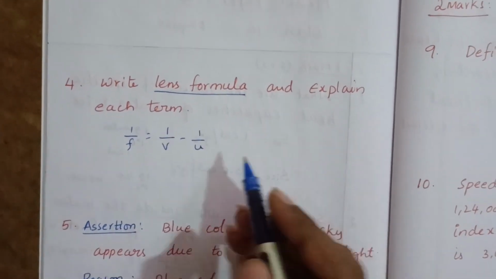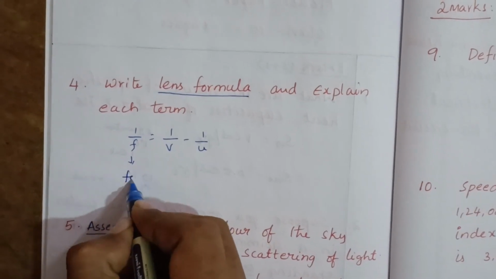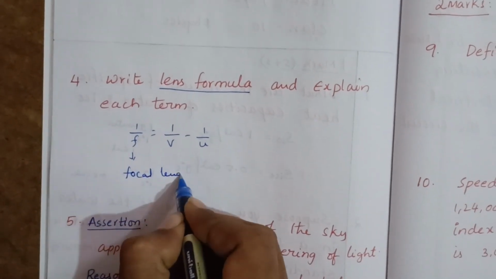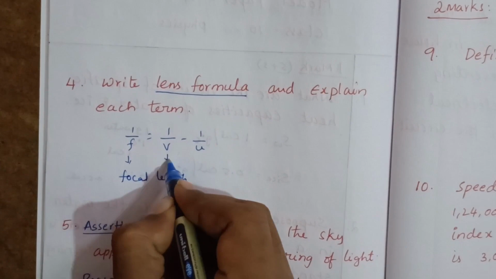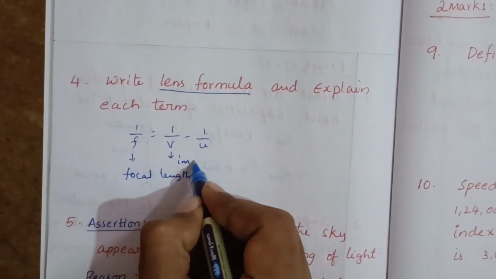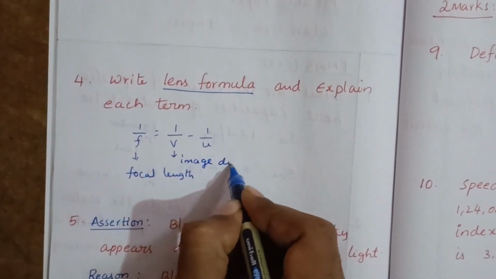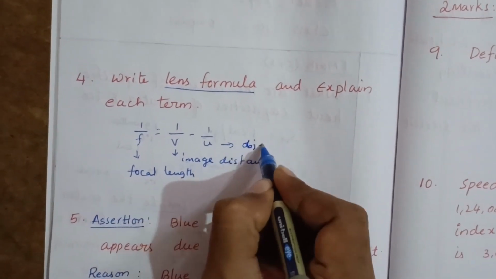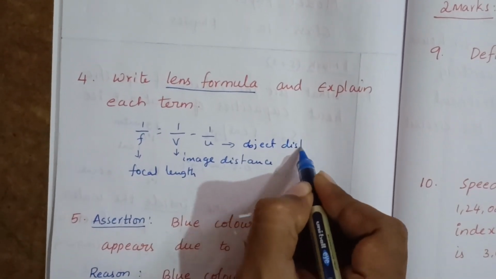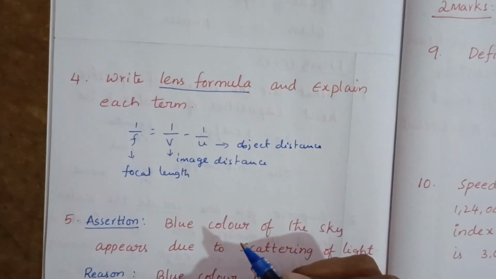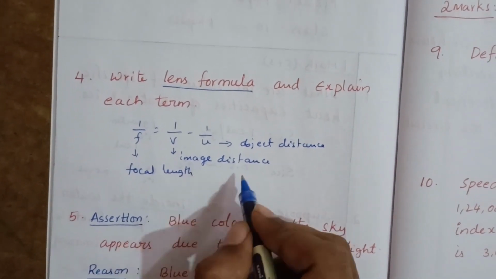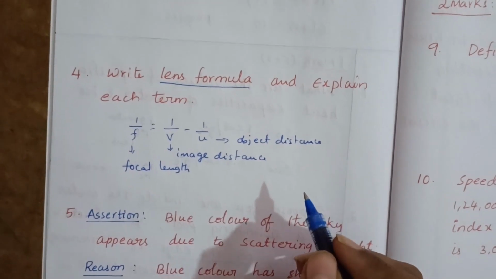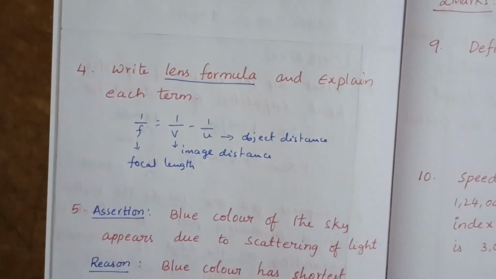And explain each term. f is the focal length, v is the image distance, u is the object distance.